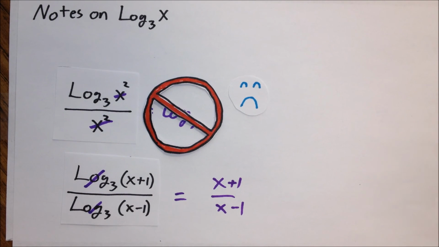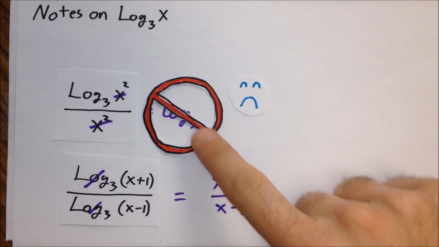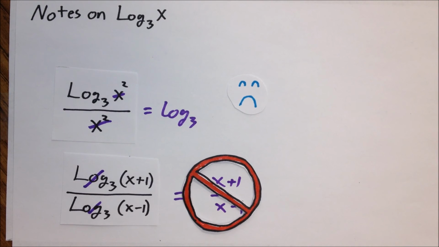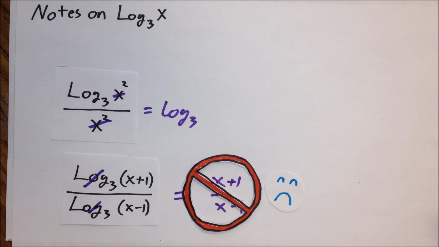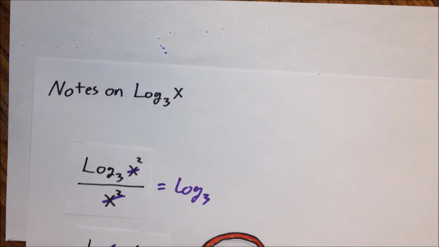But log base 3 isn't a number. You can't write it all by itself as a number. So similarly, this is also going to get a do-not-do sign. Do not cancel logarithms, only cancel numbers. And it's also going to get a sad face because it makes me sad when you try to cancel logarithms. So these are just a few notes for things that we're going to do coming up in the future that I want you to avoid, and I don't want you to make those mistakes when they come up.